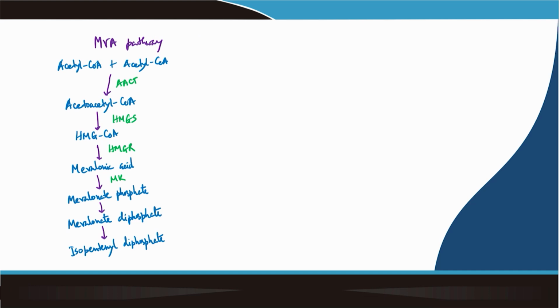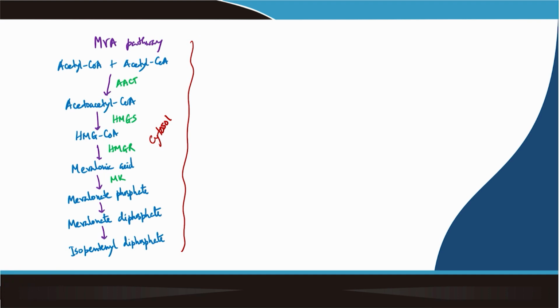So, this is in brief the MVA pathway, and the MVA pathway is basically operating in the cytosol. That is what you must remember, that this pathway operates in the cytosol.